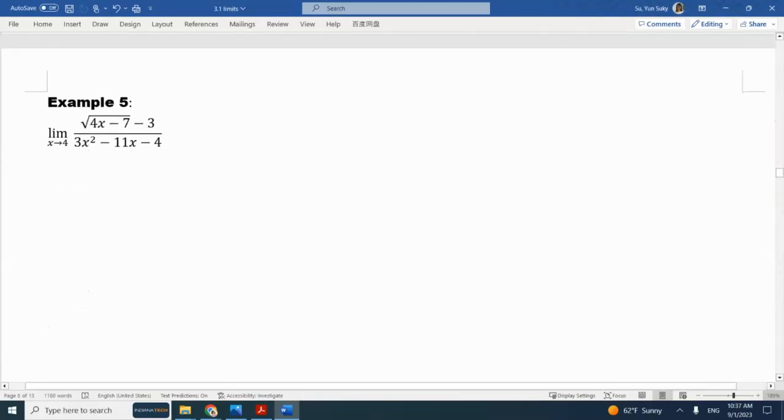All right, now you do example 5. Yes, we have seen all types of examples. Now you do this one. The first step, plug in the number first.